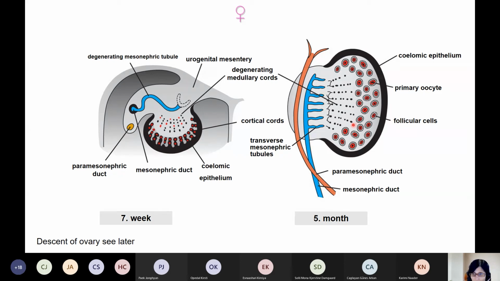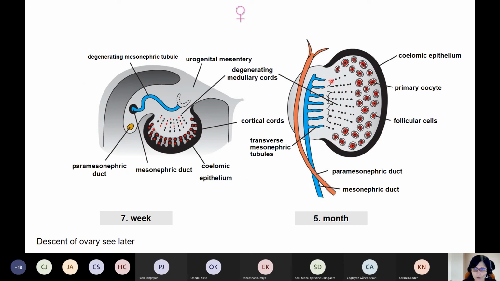Hence, they will give the primordial follicles, and then they develop further, of course. And here in this stage, which is already in the 5th month, it contains already a primary oocyte with the follicular epithelial cells around.